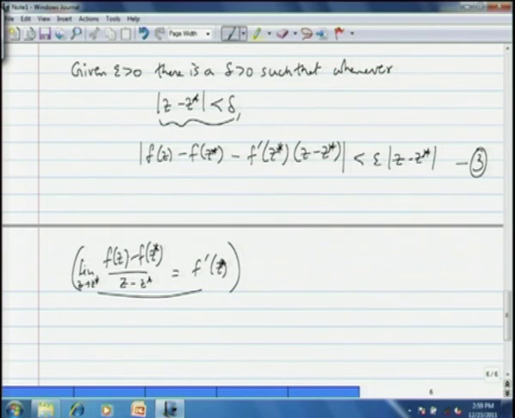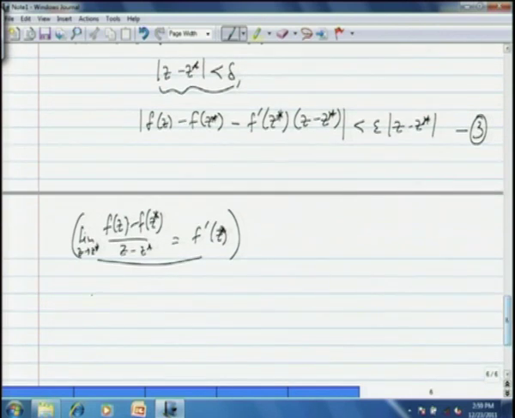Okay. So, now let epsilon greater than 0 be given. Now this is a fresh epsilon we start with.